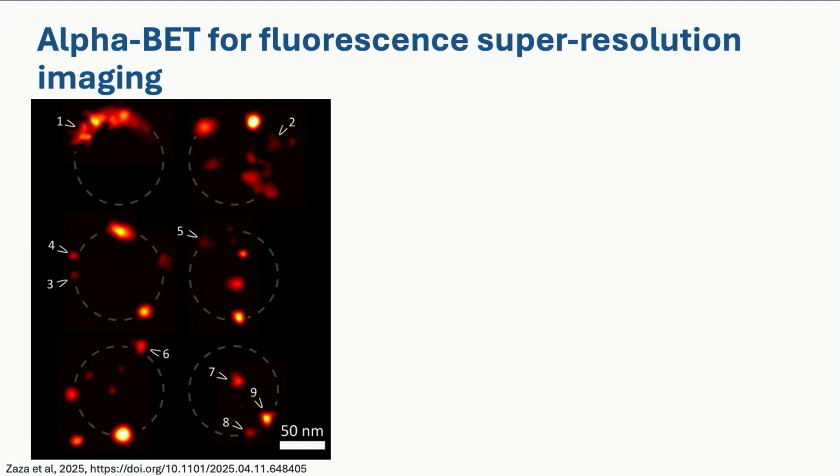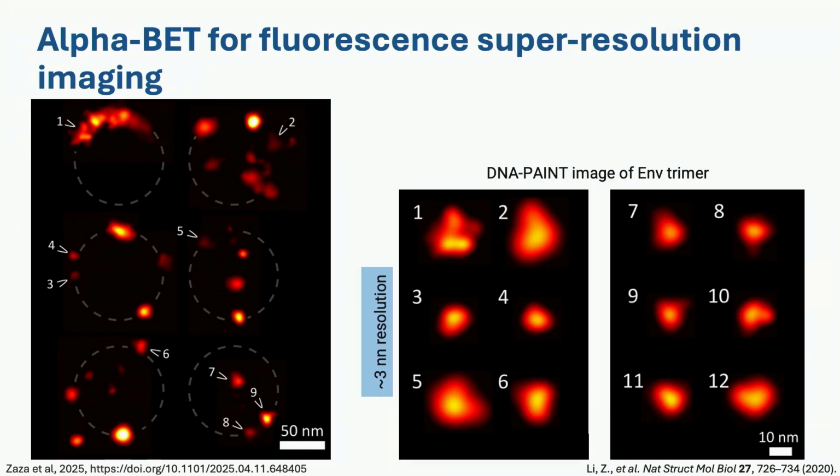Here I'm showing you with the circle the surface sphere of the virus, and you can see that the envelope glycoprotein is forming some clusters here, over here, and some of them, I hope you can see, form like a small triangle here and here. And here I'm showing you some zoom views of these triangles.